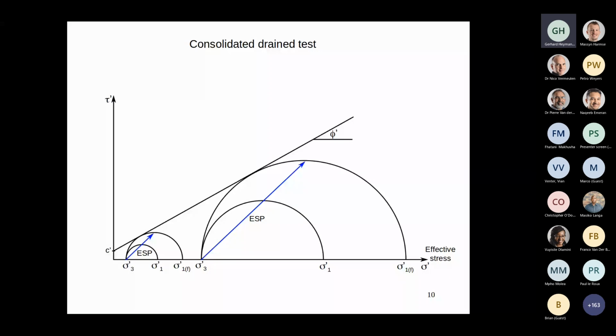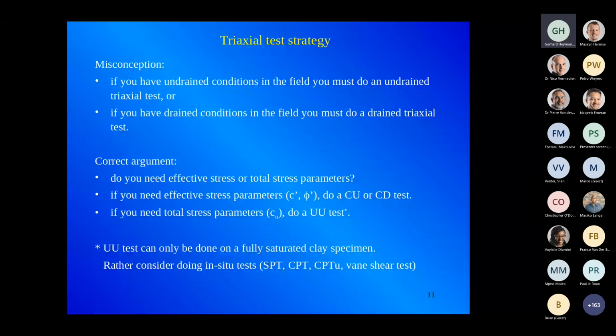Okay. So now you are the consultant, and you have to tell the lab what type of testing we are to do. A UU test, we've discussed that. Now we're talking either, okay, I'll include UU here. The argument, when I discuss this with practicing engineers, what type of triaxial test would we like to do?